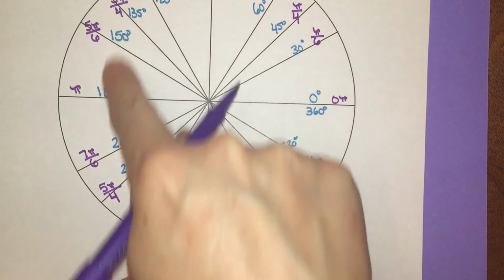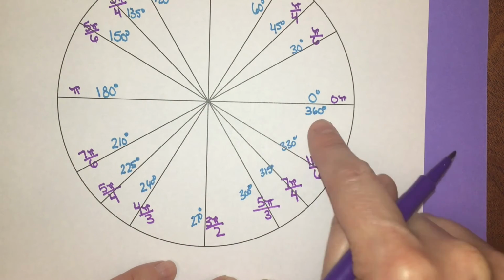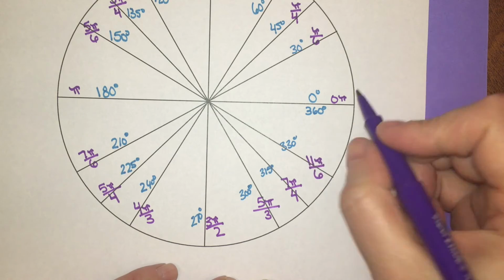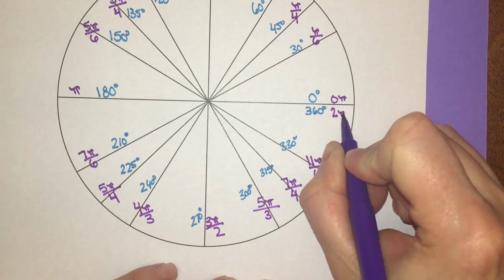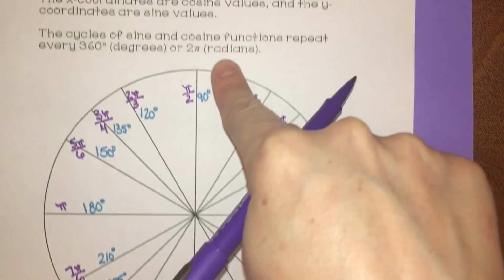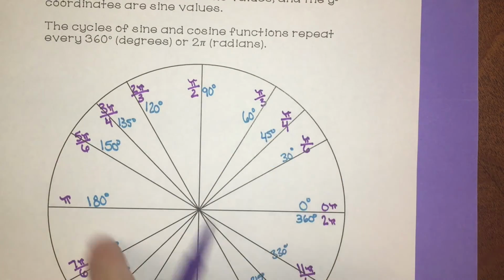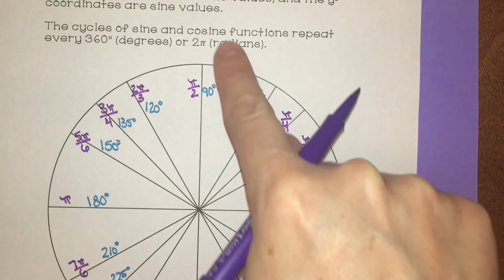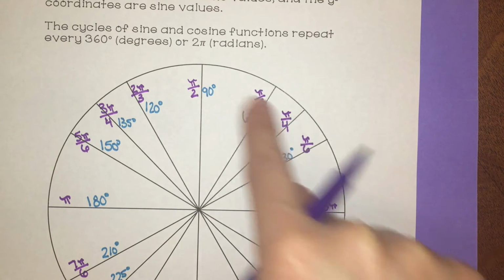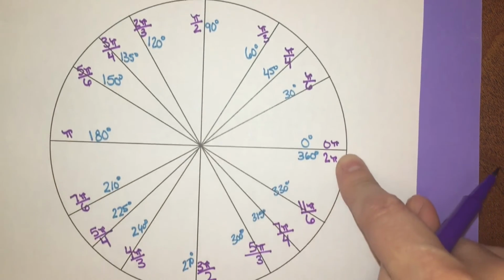And when we get all the way around the circle, 360 degrees is the same thing as 2 pi. So as I said above, the cycles of sine and cosine functions repeat every 360 degrees, so all the way around 360 degrees, or 2 pi in radians would be all the way around.